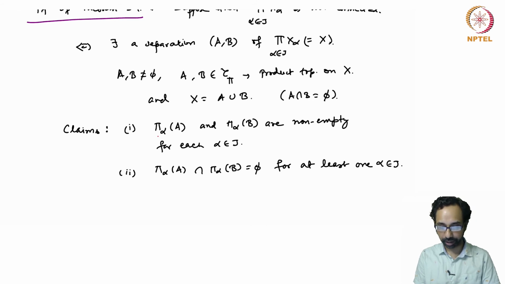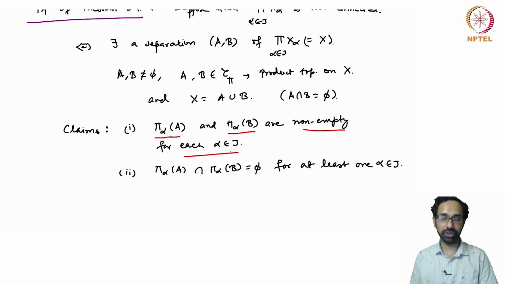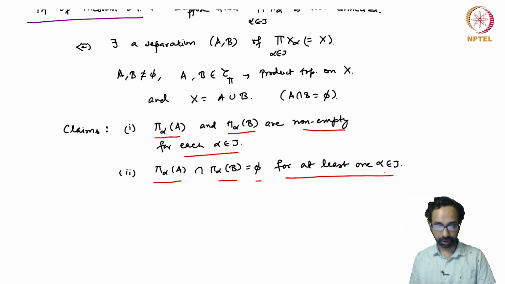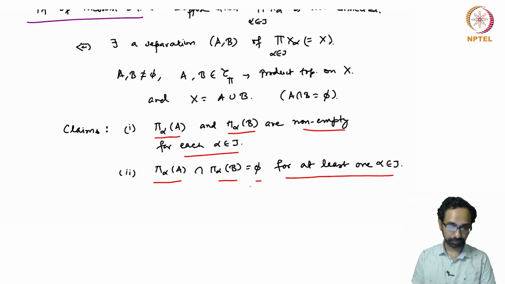The first one is that the images pi alpha of A and of B are non-empty for each alpha in J. And secondly, that pi alpha A intersection pi alpha B is empty for at least one alpha in J. So the first one is easy to show because A and B are non-empty, and pi alpha are continuous functions in the product topology.